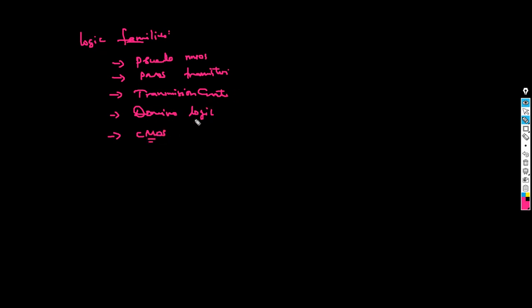Now, which is the one used by the industry? It is CMOS, because each of these, pseudo NMOS, pass transistors, transmission gate or domino logic, has more disadvantages than advantages. But CMOS gives you a fair advantage over all these families.